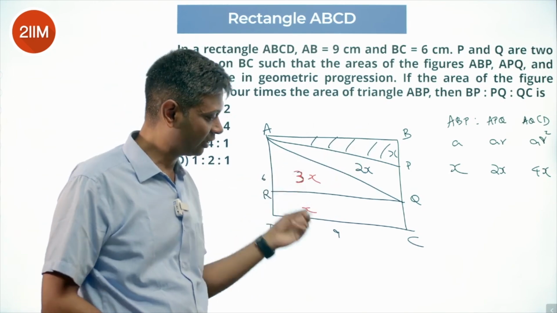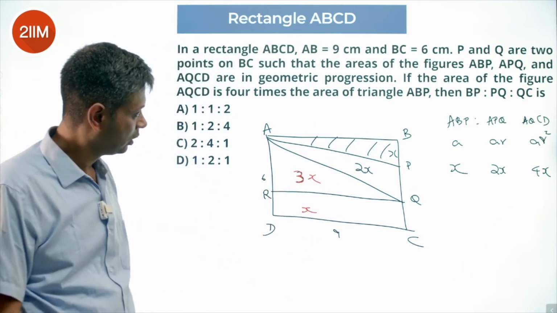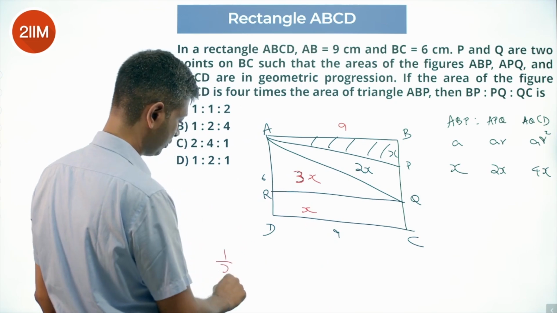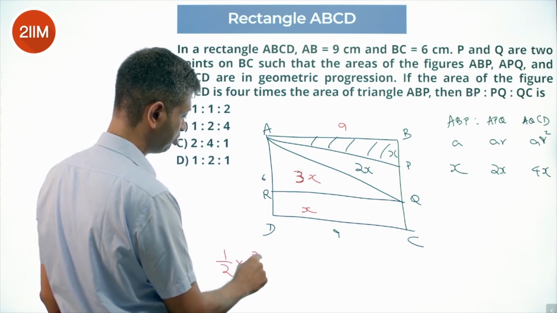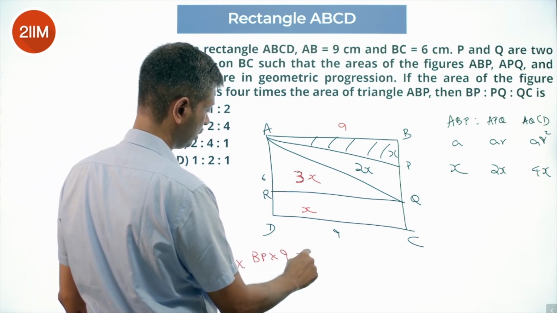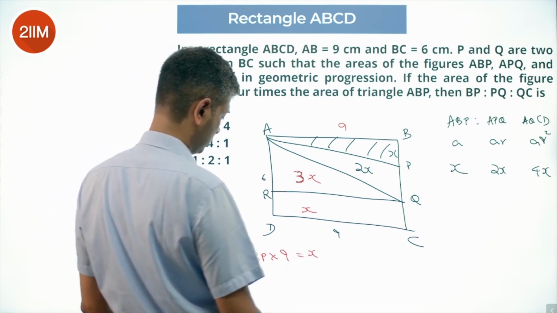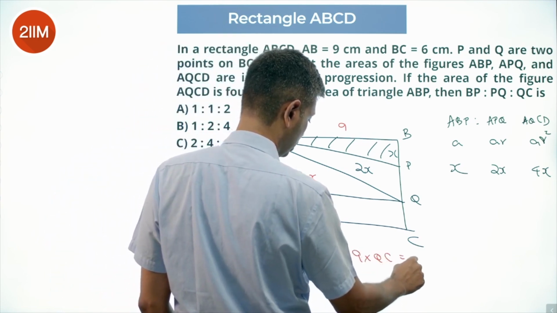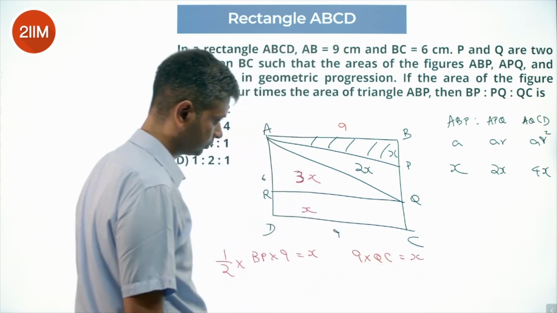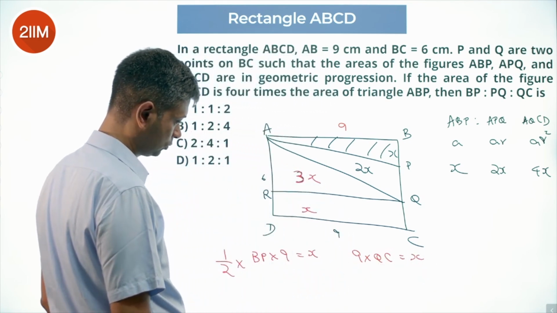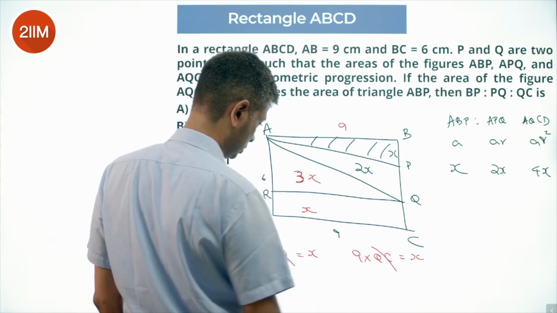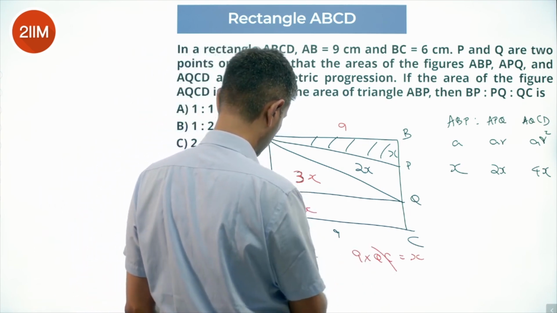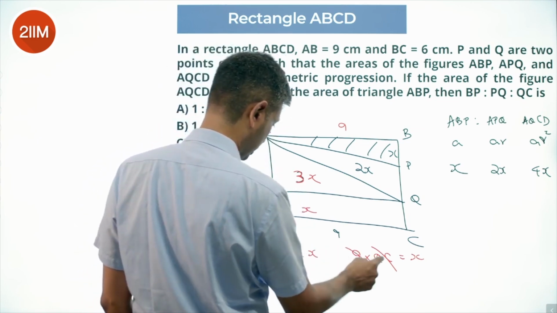This is 3x, this is x. And so this is 9. Half into BP into 9 is equal to x, and half into 9 into QC is equal to x. These two are equal. 9 goes off.